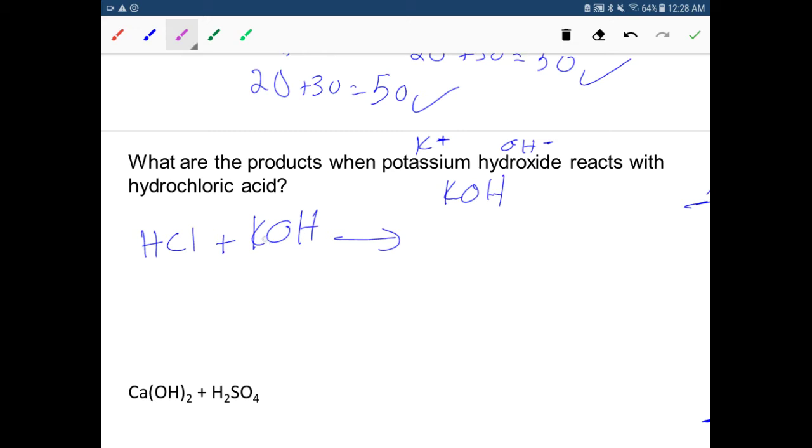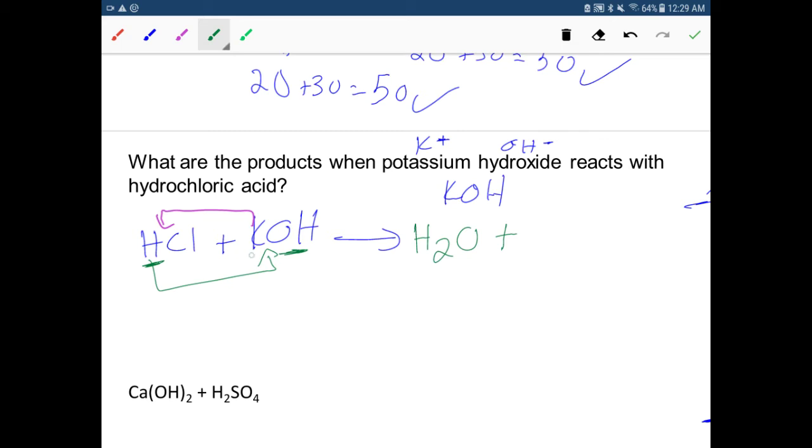So in this double replacement reaction, the K will replace the H. The H will replace the K. All right, so H and OH, this is gonna be your water, right? OH and H is gonna be water, which is always one of the products, plus the salt.